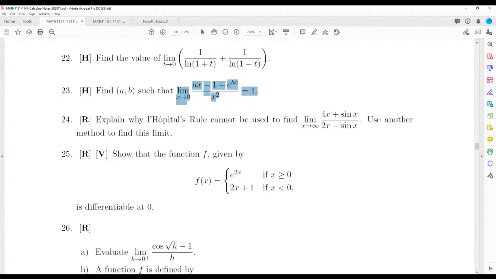Yeah, I know. It's very sad, Cynthia and Alvin. I'm trying not to shed a tear, but I can't guarantee. Okay, so what values of A and B force this limit to be equal to 1? Okay, so you guessed it, L'Hopital. So let's have a look.